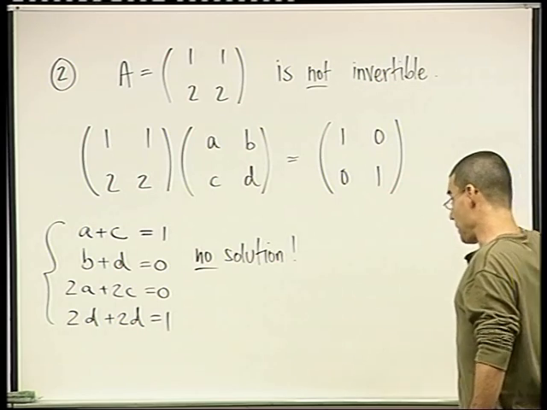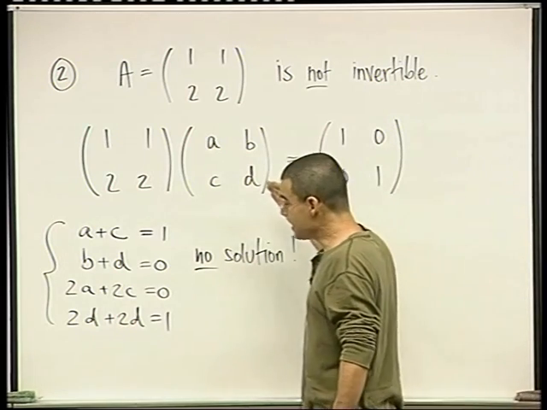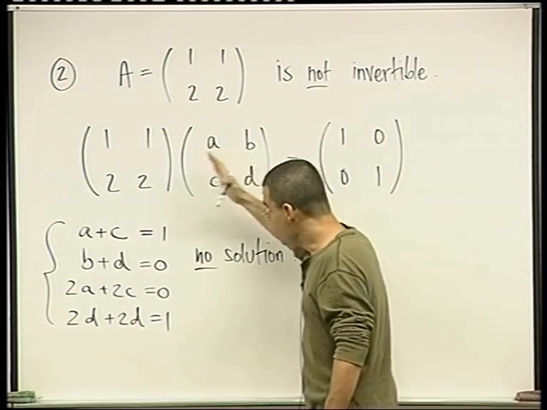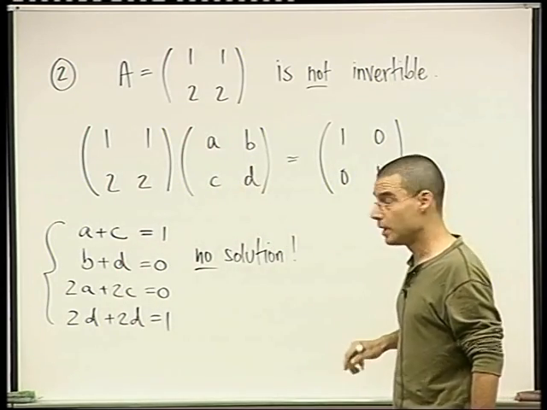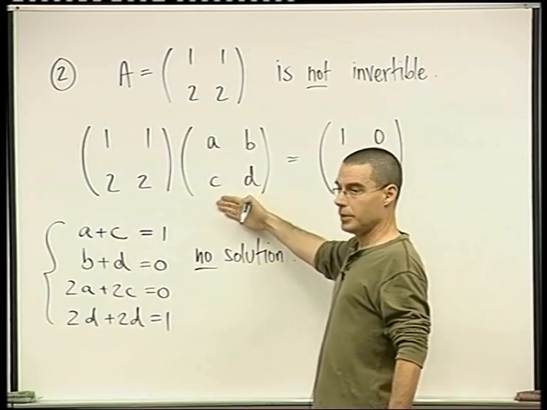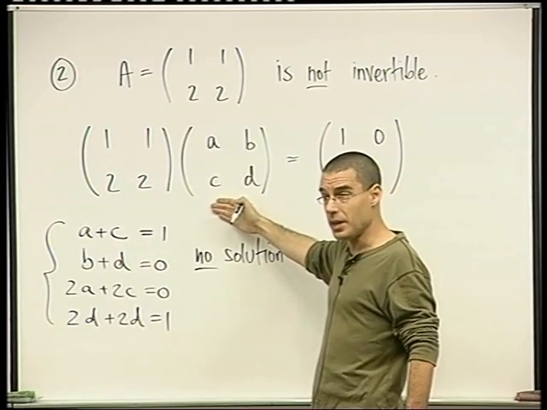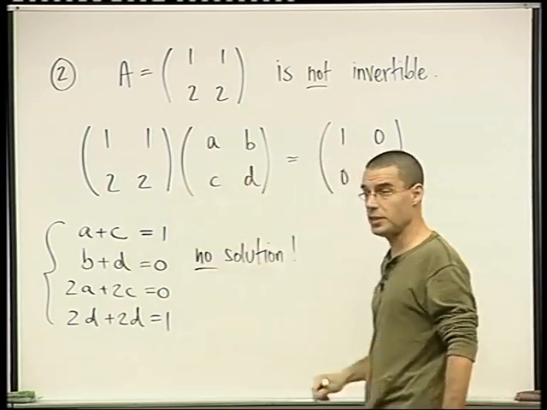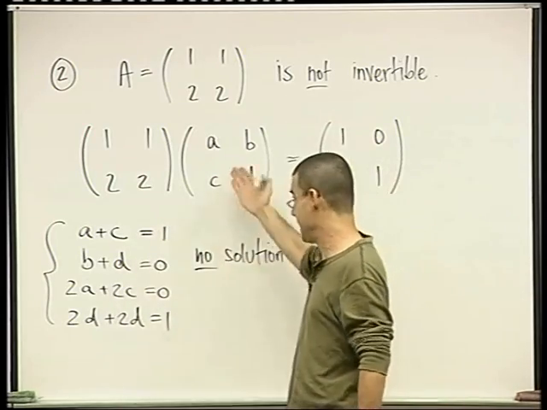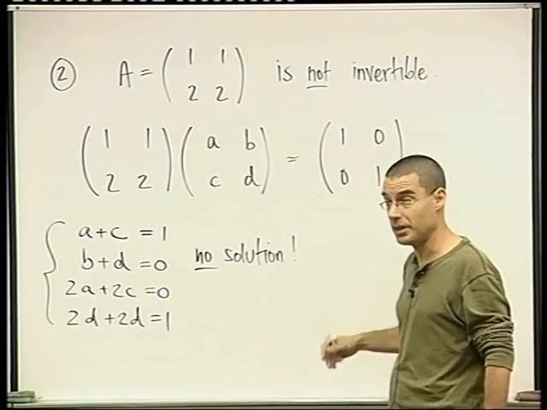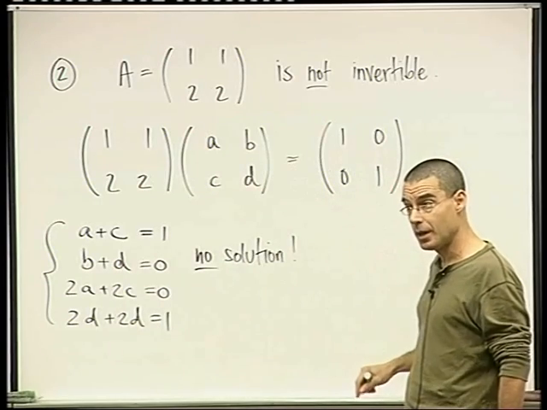And the remark that I want to make is that in fact, this is a way of determining if a matrix is invertible. Write your general matrix here and see if you can solve the system. If you can solve it, if you can find a solution, then that's it. It is invertible, and if it doesn't have a solution, it's not. Okay?